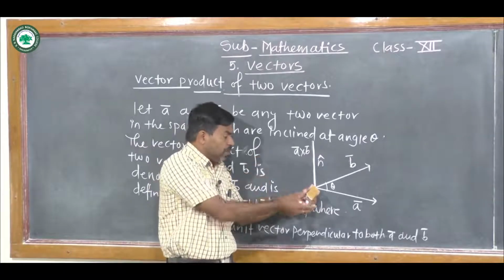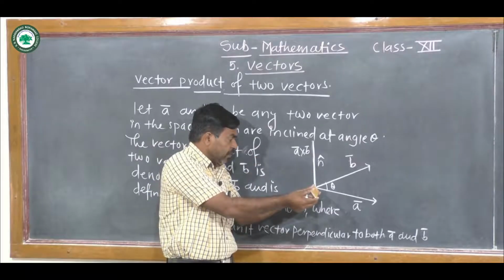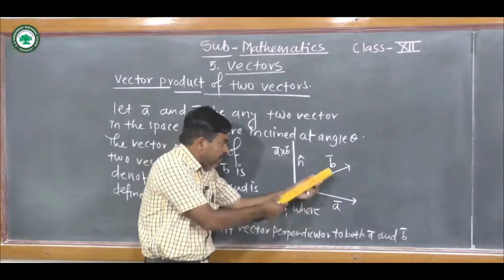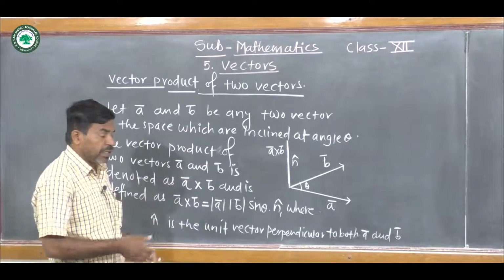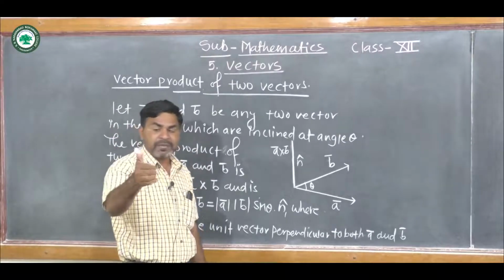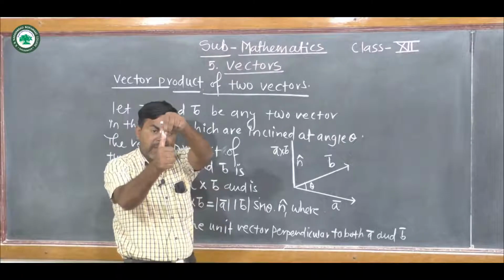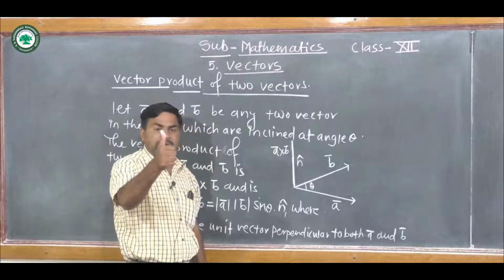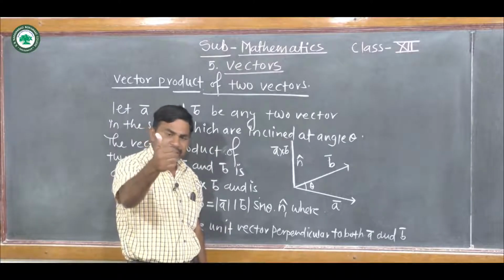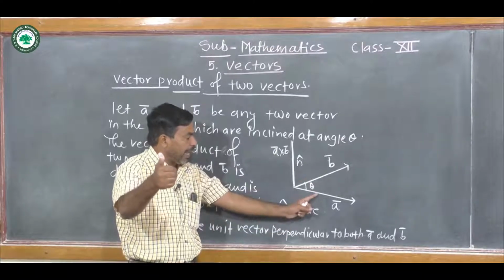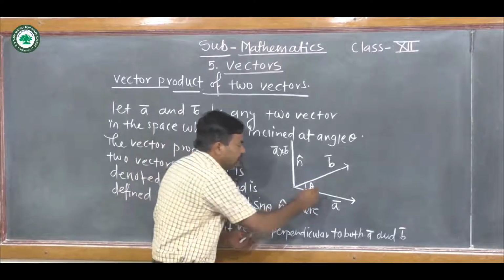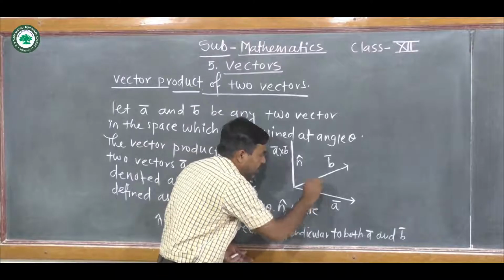So A bar cross B bar is in this way. Then this A bar, B bar and this n cap form a right-handed triplet. It means right-handed triplet. See here, this thumb shows the direction of A bar cross B bar, and this curly finger shows the order of A bar and B bar: A bar rotation here, A bar then B bar.